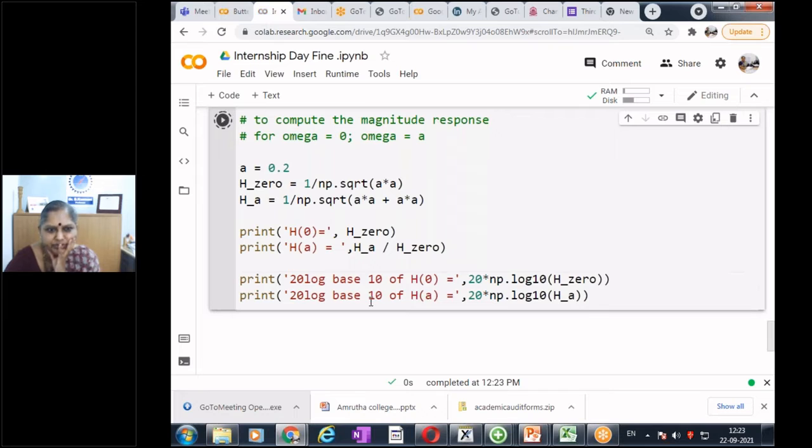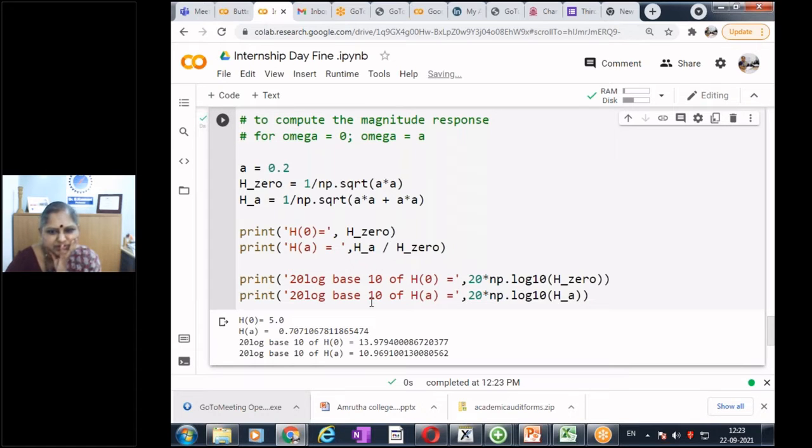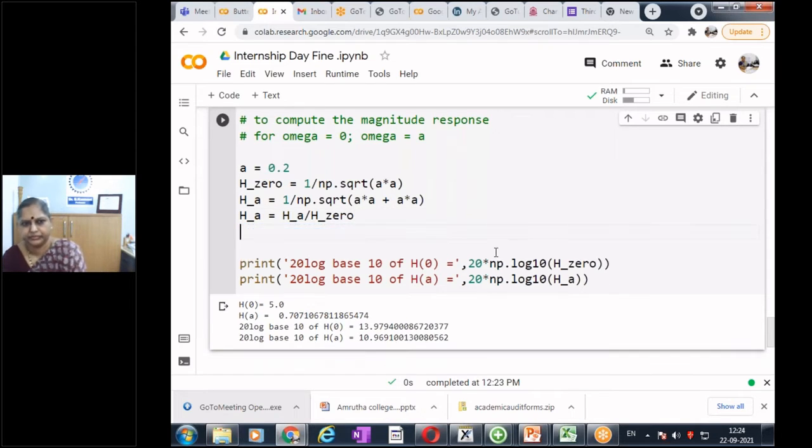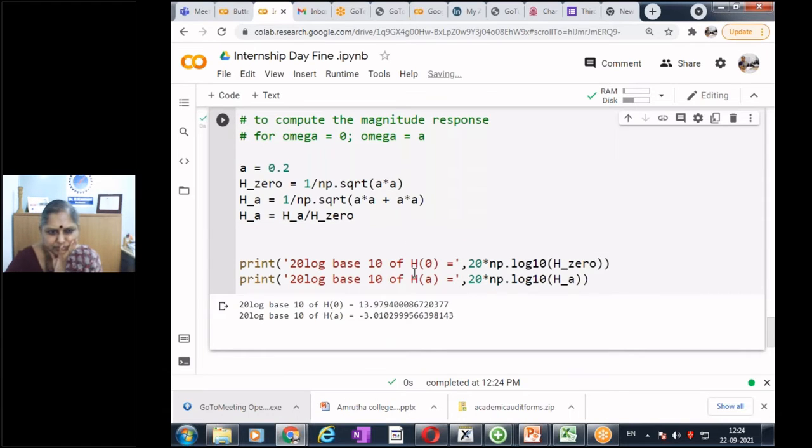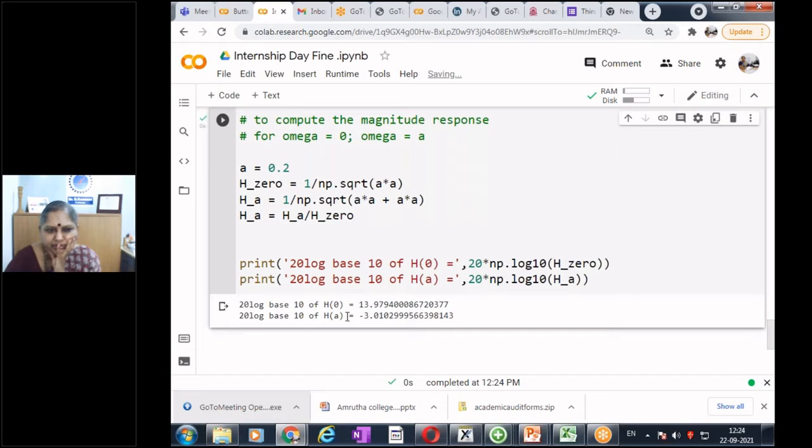So let us run it for a equal to say 0.2, and then what we find?